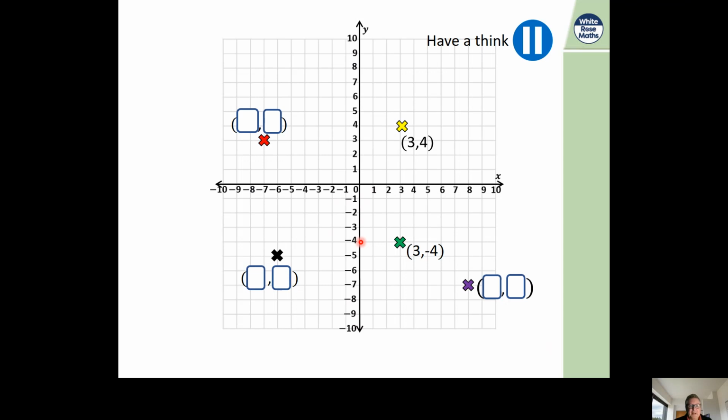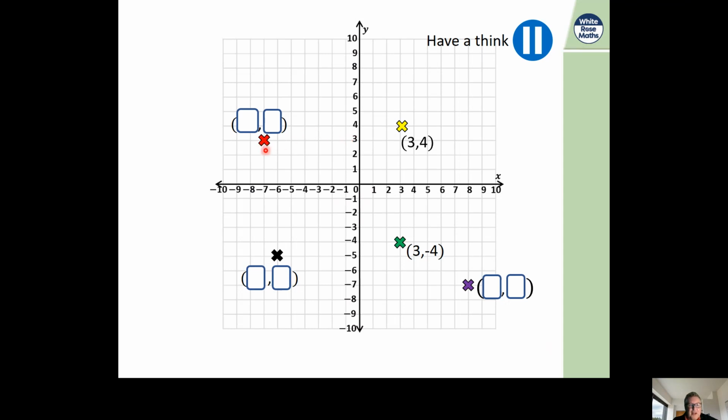Okay, plot these points. So Year 6, you now know really clearly it's x and then y. Draw your lines. Draw a line. Follow that line up. Follow that line across with a ruler. This is the point at which they would meet.